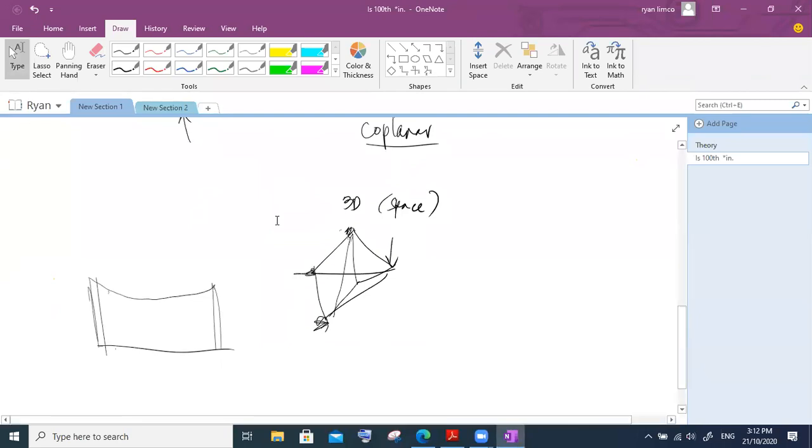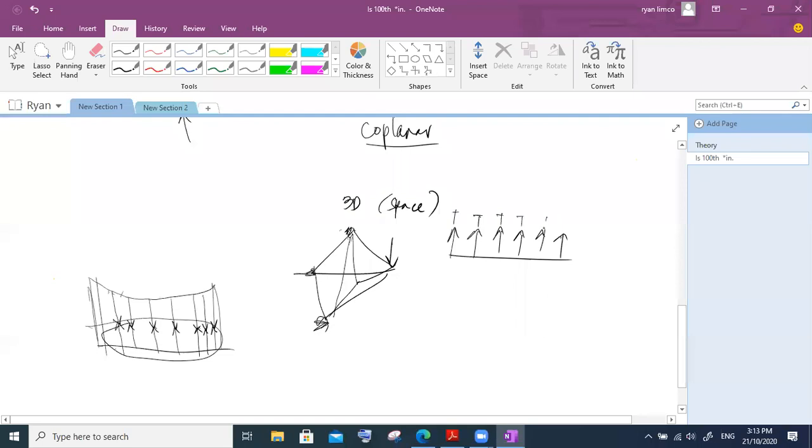Itong mga to, these are the cables. If we are going to cut this, makikita natin dito, ito yung action pag kinat natin yan. So meaning, if we take this lower part, ang makikita natin doon ay ito. So itong mga cables na to, they are subjected to a tensile load.